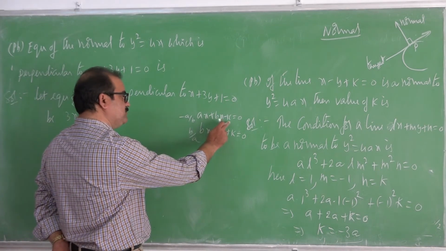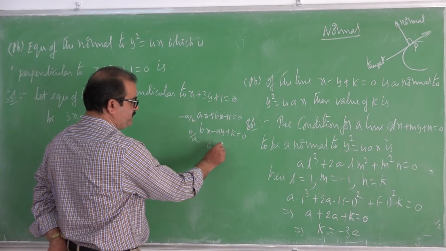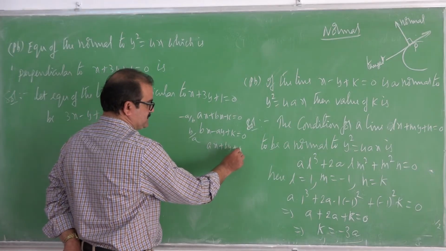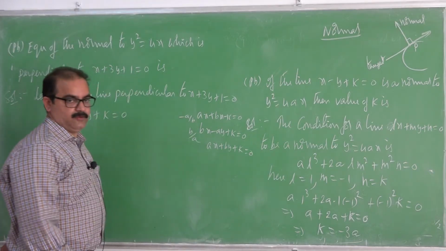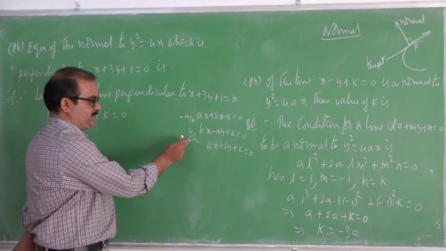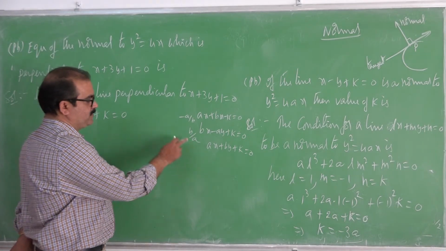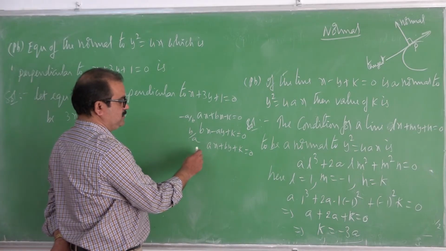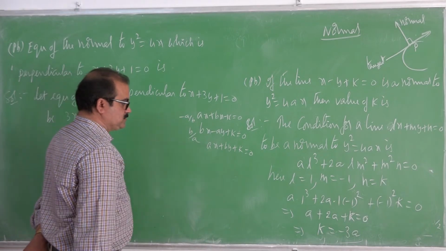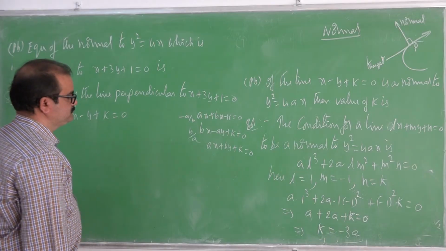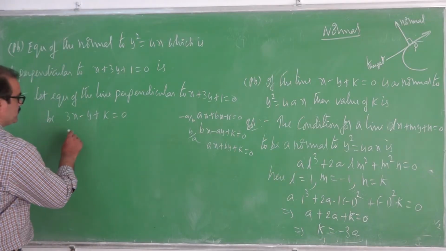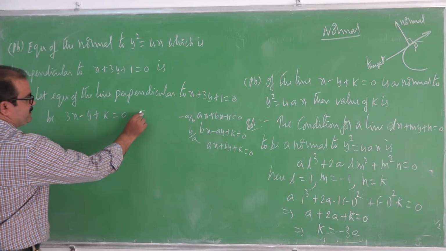Any line parallel to this line is in the form of ax plus by plus k is equal to 0. We know when two lines are perpendicular, the product of the slopes is minus 1. When two lines are parallel, slopes are equal. Okay, let it be equation 1.